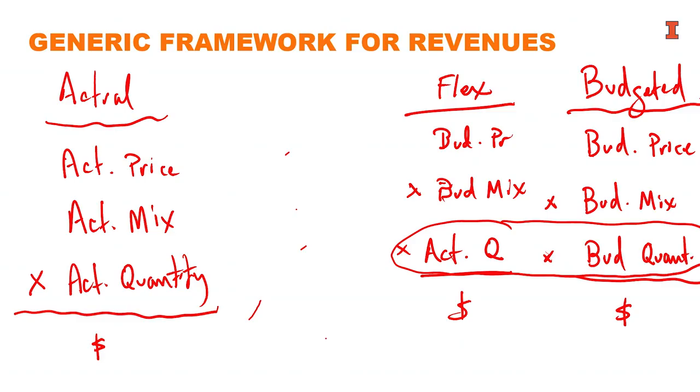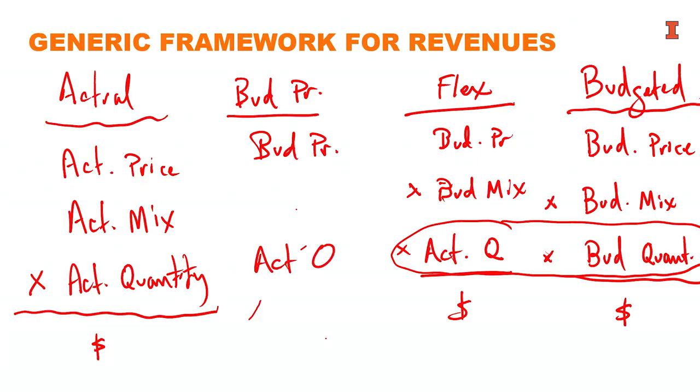Another dial turn leads us to think about the mix. We leave our price in budgeted terms. We've already converted our budgeted quantity to actual quantity, so we'll leave that as actual quantity, and we'll change the next dial to actual mix.